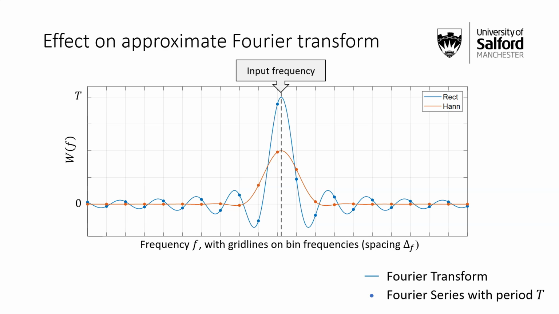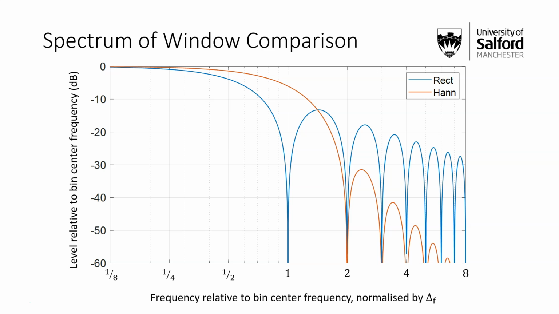And this is nicely seen on a log frequency scale. We've got level relative to centre frequency in dB on the left here, and then we've got log frequency, the offset relative to the centre frequency on a log scale, normalised to delta f. So the centre frequency plus delta f is at 1, plus 2 delta f is at 2, etc. And the sinc function has a null at that first offset.